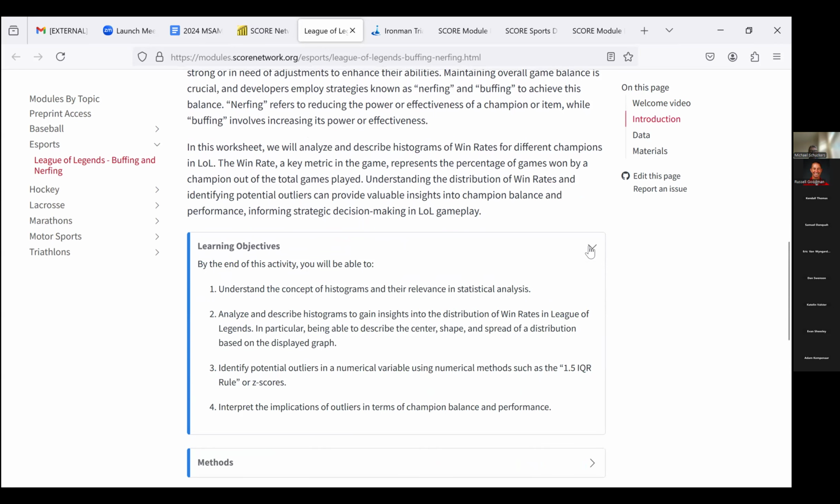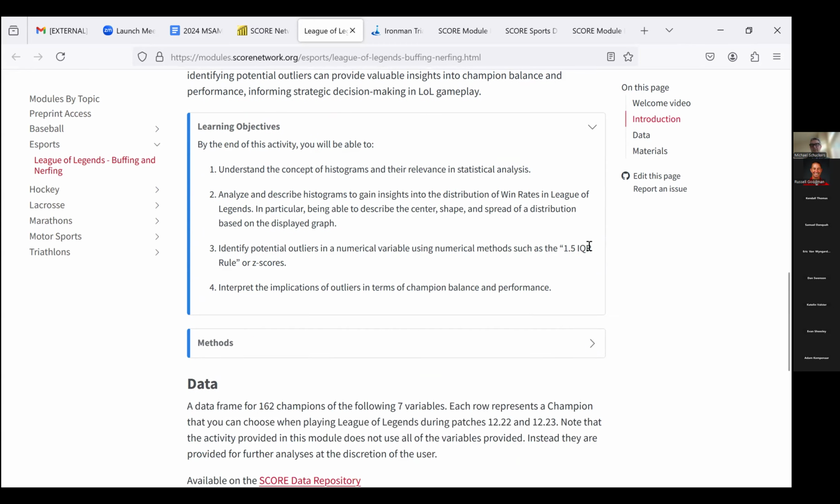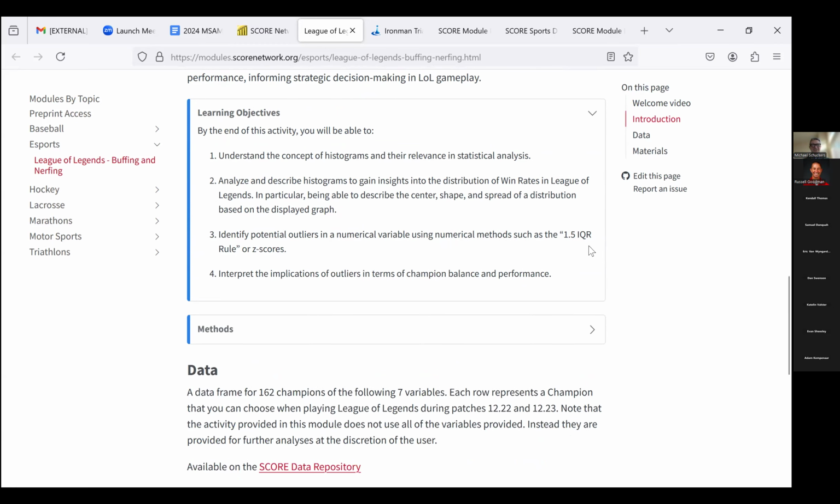Learning objectives there. Again, we want this to be a very intentional process here. And so we want to be clear what the learning objectives are for this particular module.